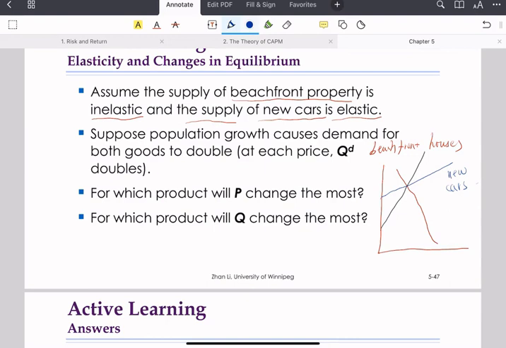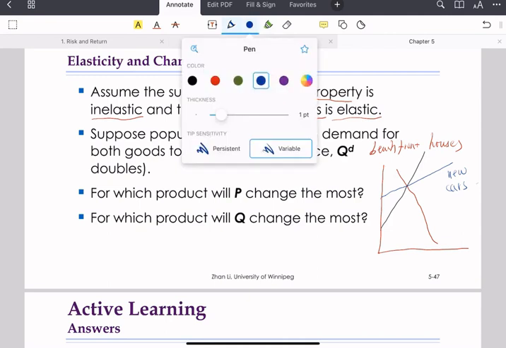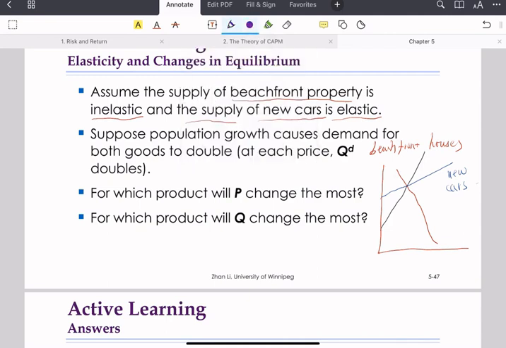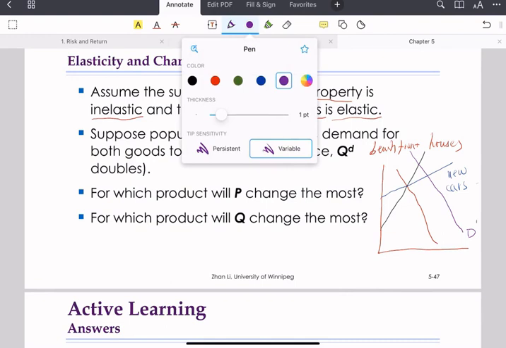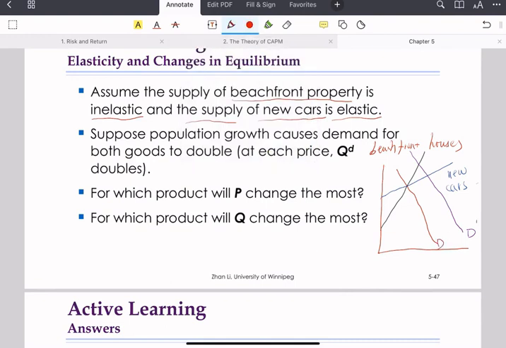Now let's see how we should shift the demand curve. Well, we know that population growth will increase demand. So let's draw out this new demand curve. So the demand curve will actually look like this. So this is the new demand curve, D prime. And the original demand curve is just D.